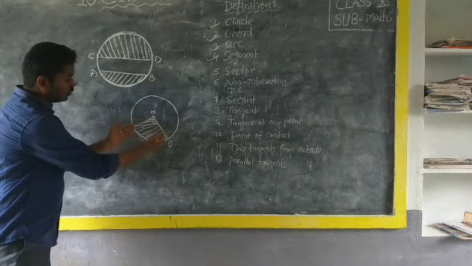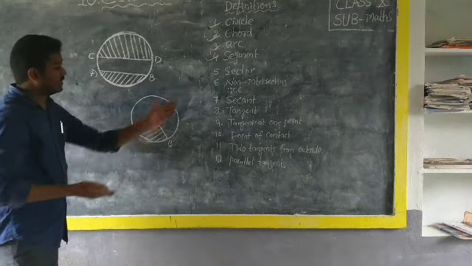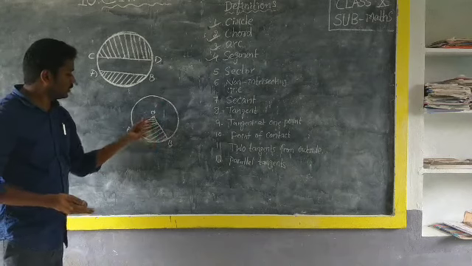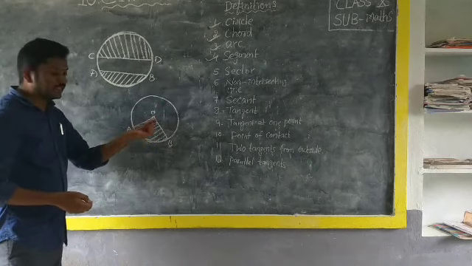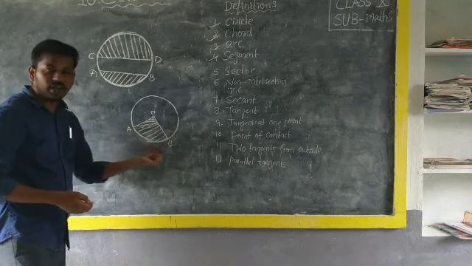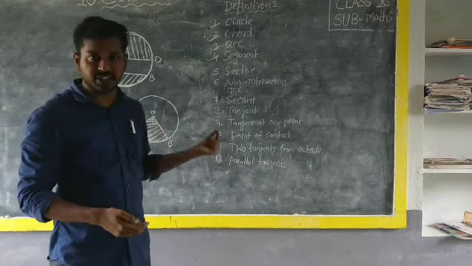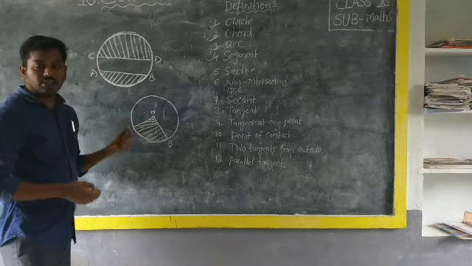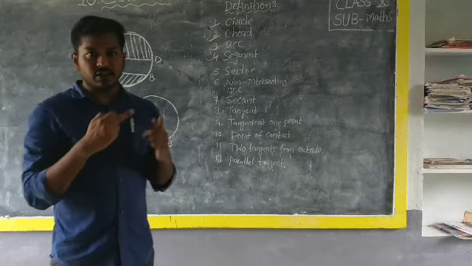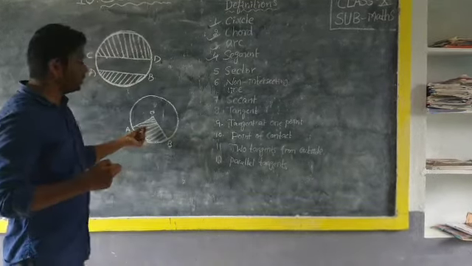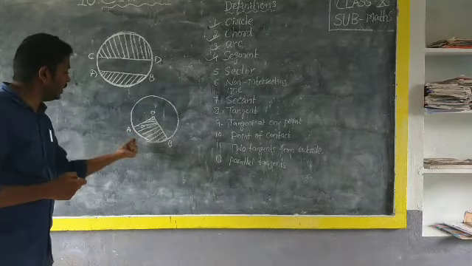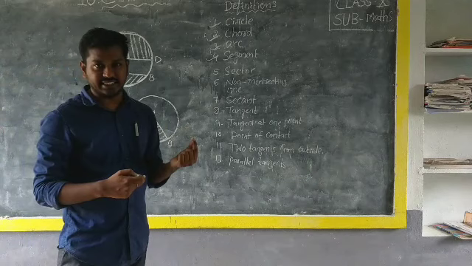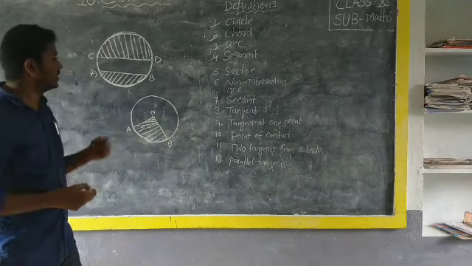This cone-shaped portion is called a sector. It consists of two radii with an arc. The joining of two radii and one arc, that portion is called a sector. Here OAB is called one sector.